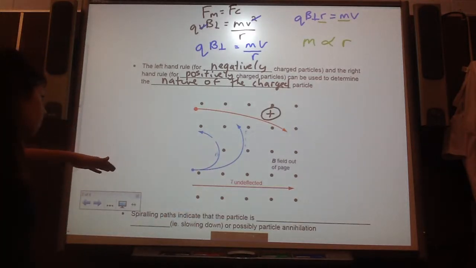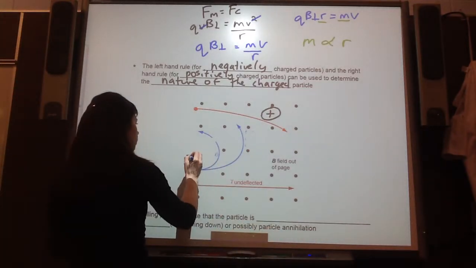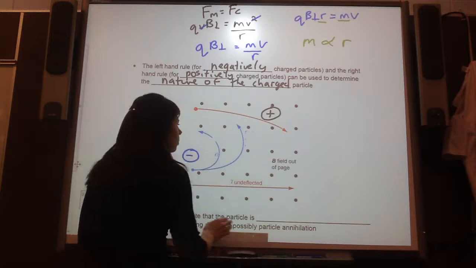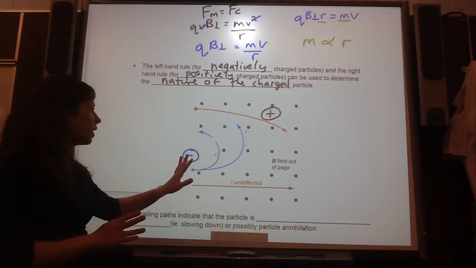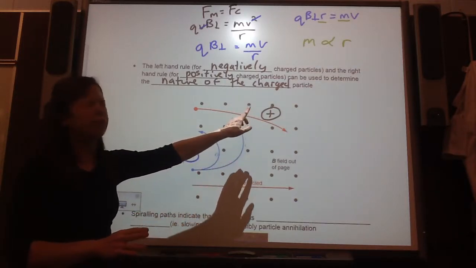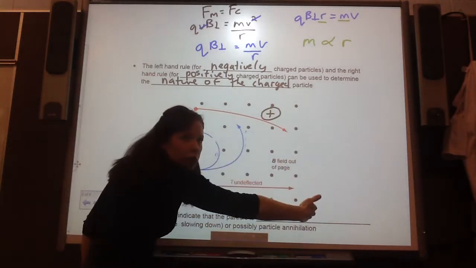Then let's try with these ones. So it's coming in, it's coming out of the page. There we go. It's being forced up, so these ones are negative. Okay, so just looking at the differences in radii from this one to this one, this radius is larger.